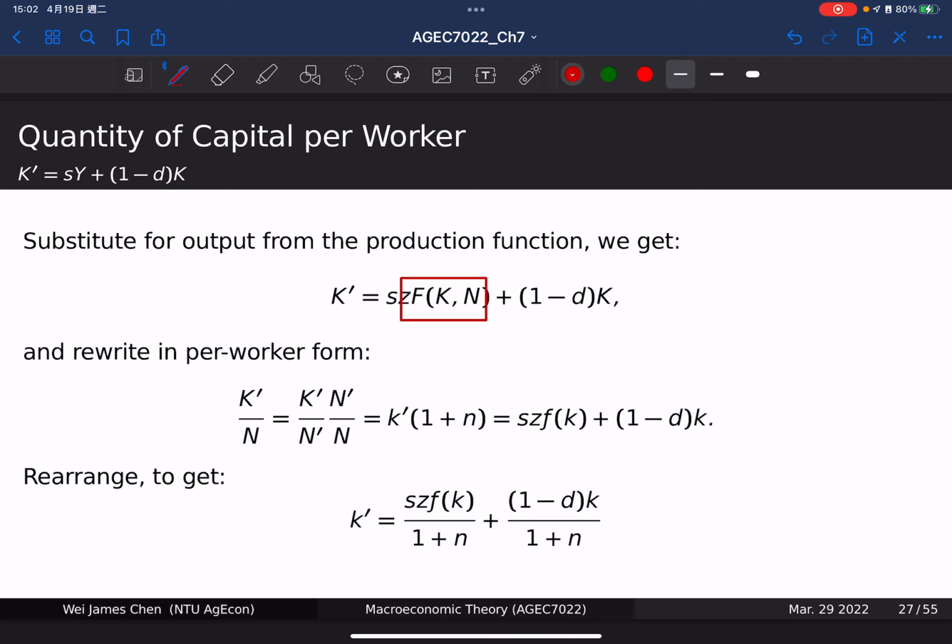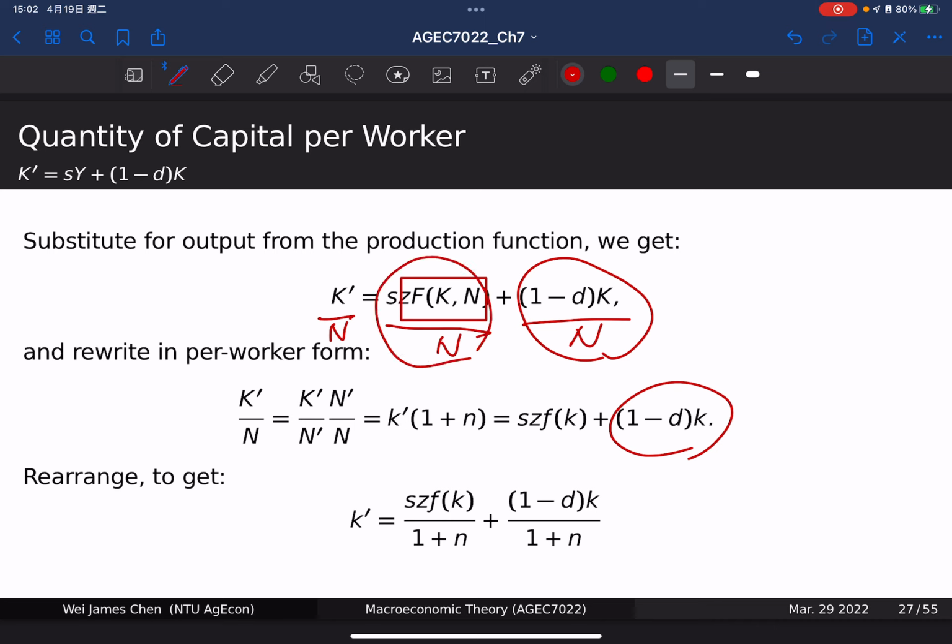We divide everything by n. But this is a tricky part here, okay? If we divide n here, and n here, this part is fine. This becomes (1 minus d) times the lowercase k. And this one becomes szf of k. That's perfectly fine. We did it already before.